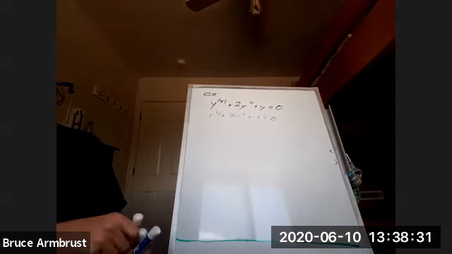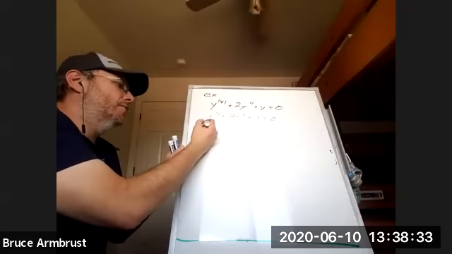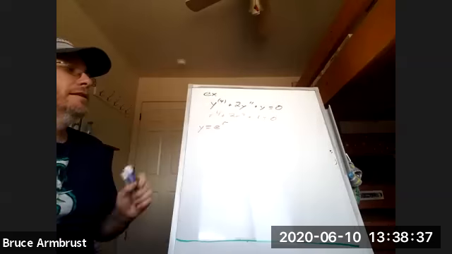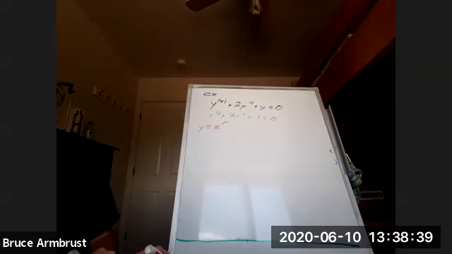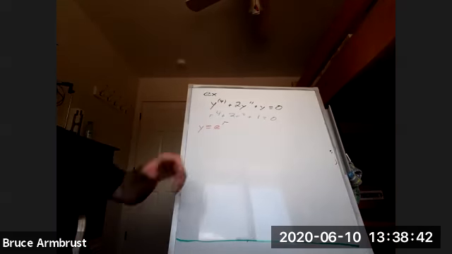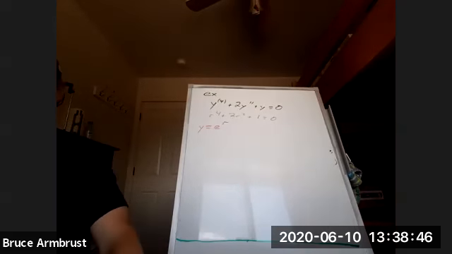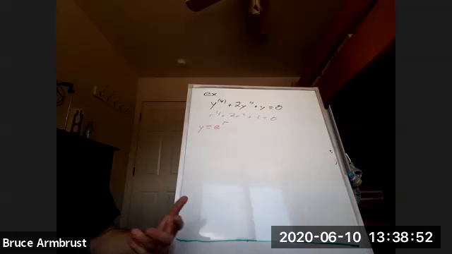Well, where this came from, we made a guess. We just said, hey, let's try e to the r. And the rationale behind that was that when we differentiate an exponential, we get another exponential. And so we're going to get a string of exponentials that we're now adding.